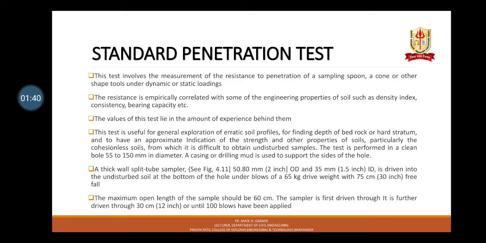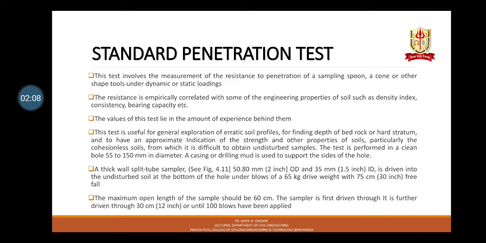The sampler is first driven through 15 cm as a seating drive. It is further driven through 30 cm (12 inch) or until 100 blows have been applied. The number of blows required to drive the sampler 30 cm beyond the seating drive is termed the penetration resistance N. If required, more than 100 blows may also be used.